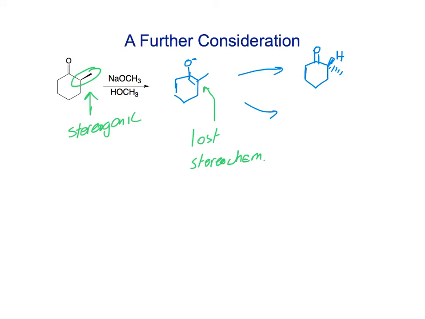Or if the H comes in from the bottom, then essentially we get what we started with. Right? Because then the methyl group is up and the H is back. So we end up with a racemic mixture.